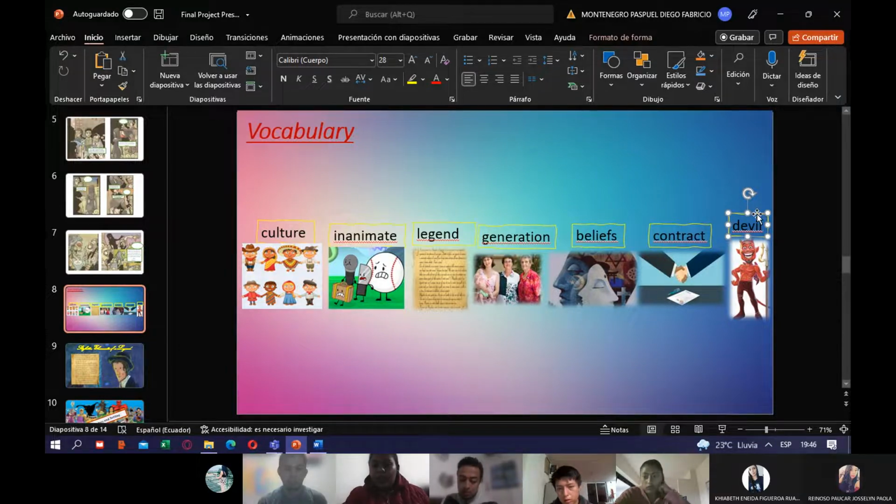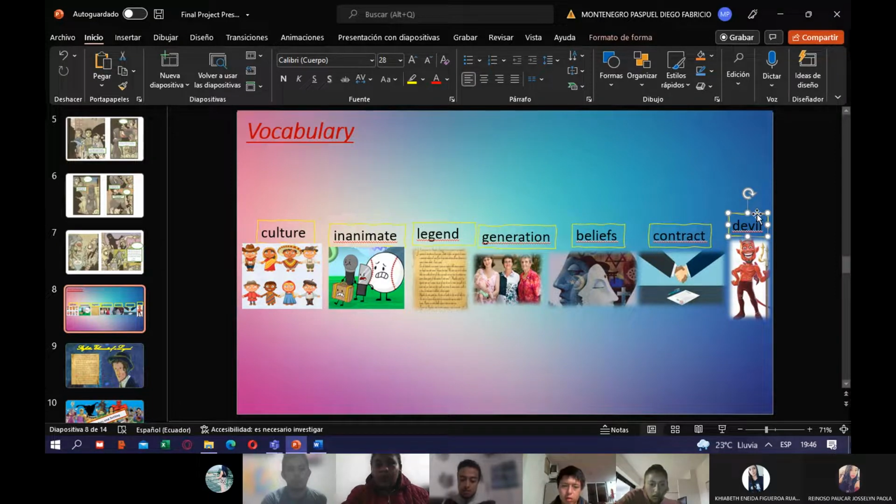Okay. Do you have any questions about the vocabulary of this lesson? No? Yes? Yes, teacher. What is the meaning of inanimate? Inanimate is something that doesn't have life.